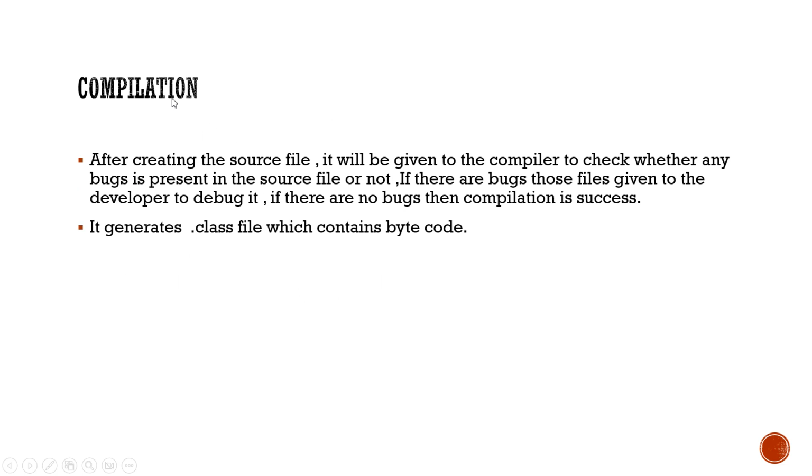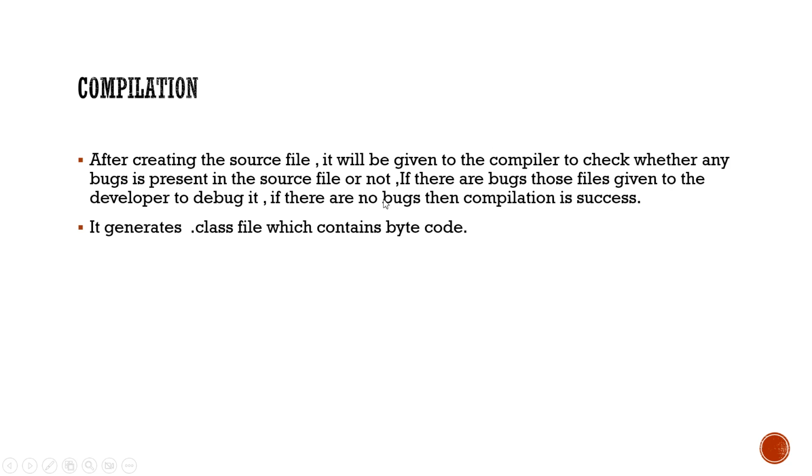Next, we need to understand what is compilation. After creating the source file, what is a source file? Inside the class we create the program, right? That is the source file. It will be given to the compiler. The compiler will check whether any bugs are present in the source file or not.